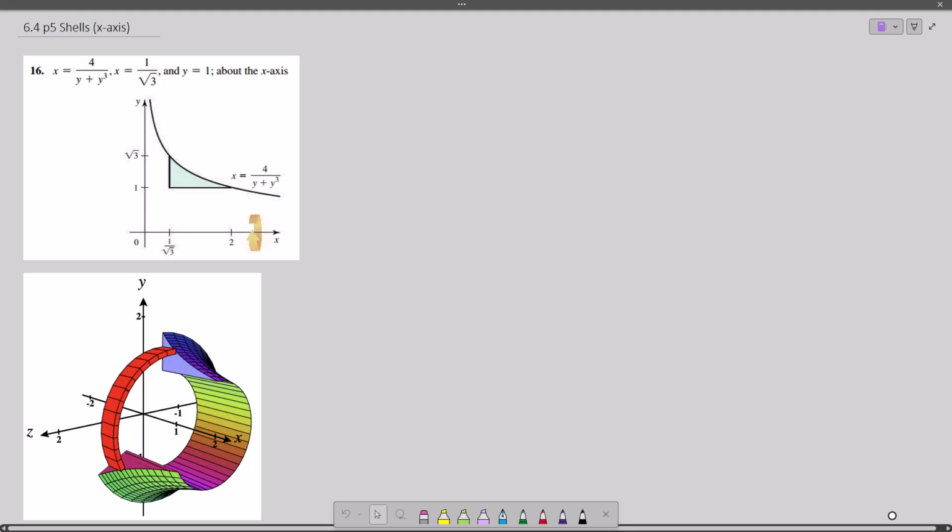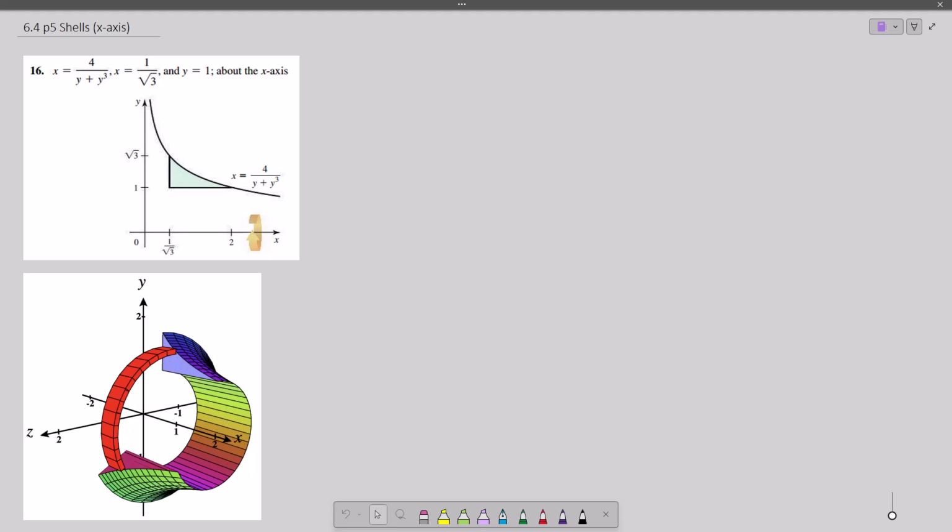So our big concept here is that we're trying to find volume by integrating a cross-sectional area function. Typically, we visualize cross-sectional areas by taking perpendicular slices. But when we do shells, our cross-sectional area, we're thinking more like an apple where we're coring it, and we're thinking about these concentric cylinders as our cross-section.